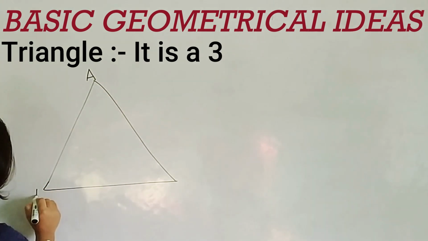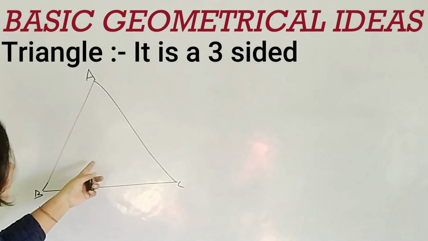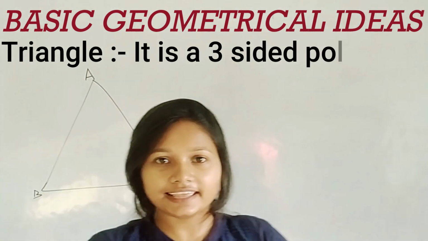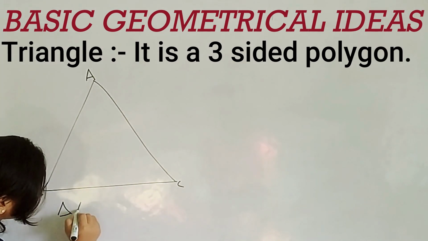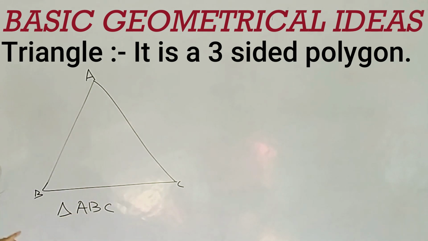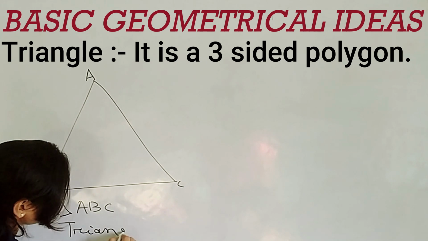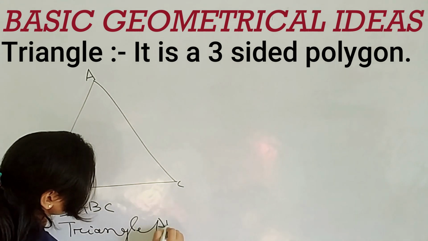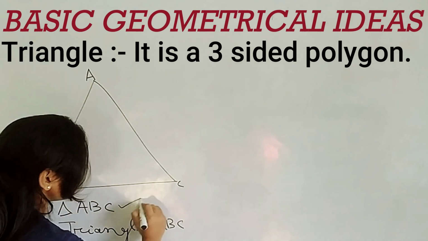Here ABC is a triangle, and we can name it as triangle ABC, and we cannot write the name of this triangle in a different style.